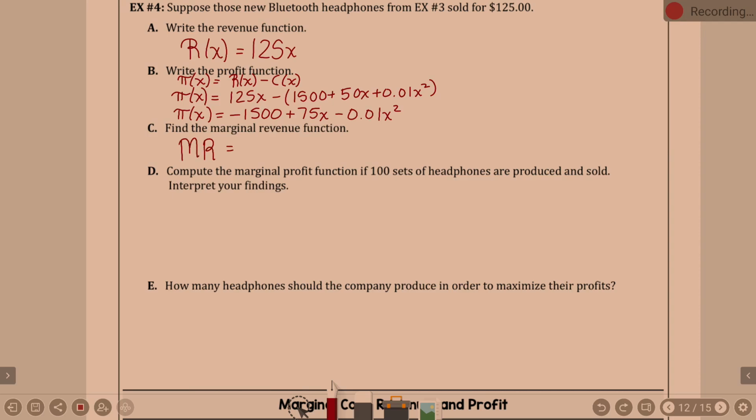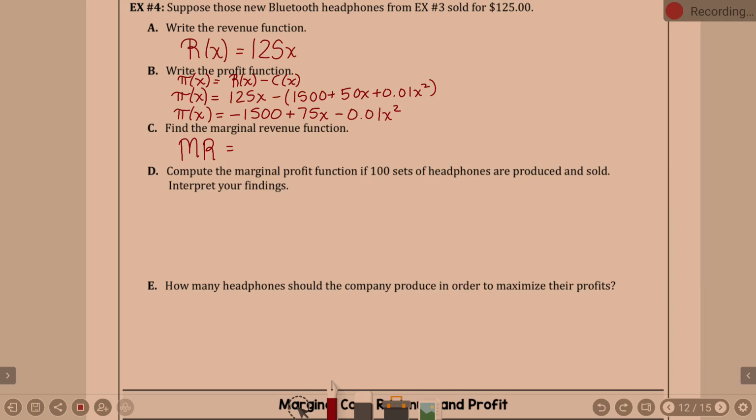Marginal revenue. I'm going to slow us down, but marginal revenue. Is that one listed? I'm not even sure this one's listed over on the other page. Compare it to marginal cost. The revenue of one more. And what's our formula for marginal cost? Derivative. No, you're thinking more exact.